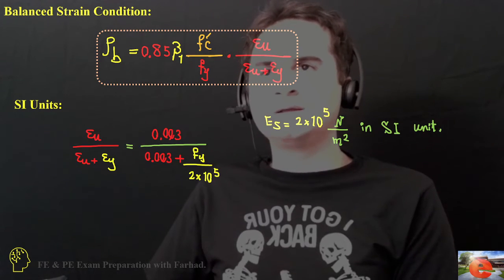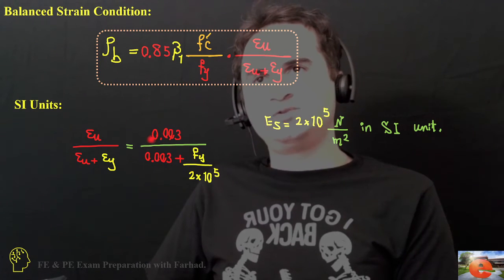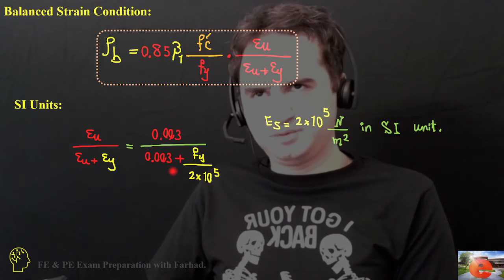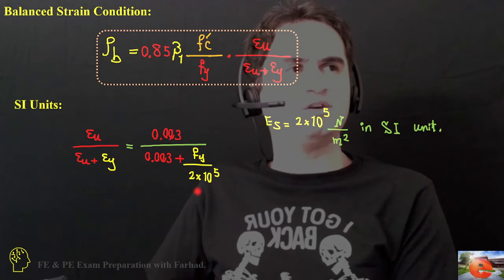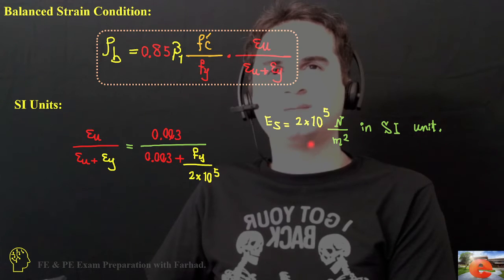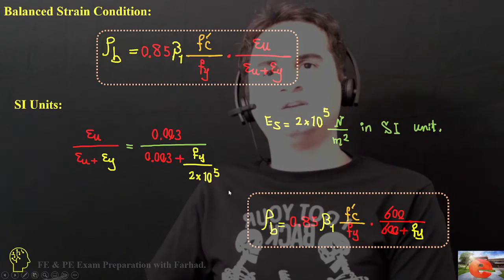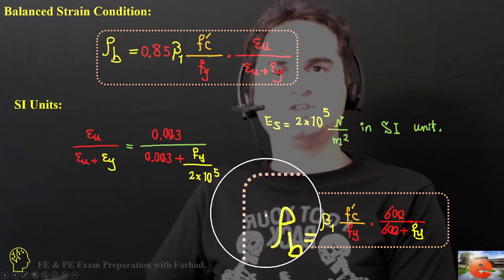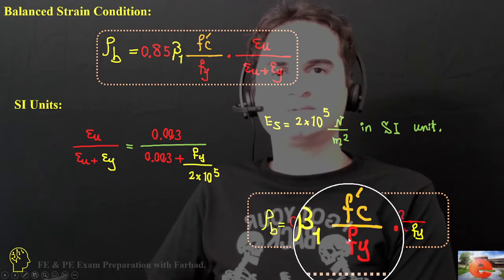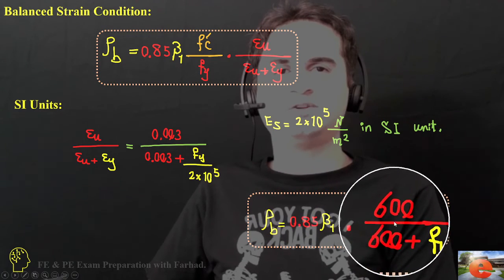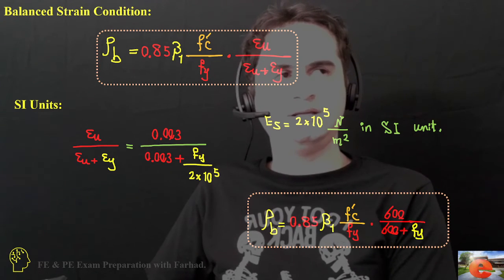In SI units, epsilon u over epsilon u plus epsilon y, where epsilon u is 0.003, and epsilon y is replaced by Fy over the modulus of elasticity of steel, which in SI is 2 times 10 to the 5 Newton per square millimeter. Multiplying numerator and denominator both by Es, it gives us rho balance in SI units: 0.85 times beta 1 times f prime c over Fy times 600 over 600 plus Fy. That's the equation of rho balance in SI units.